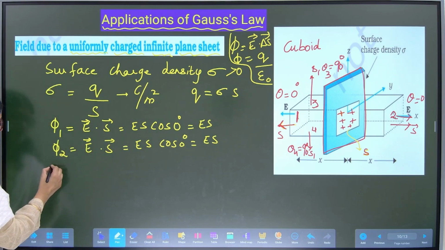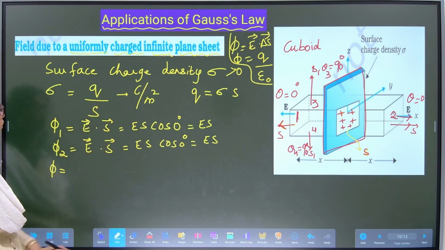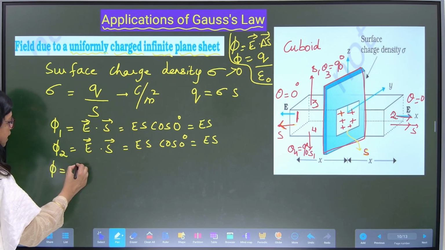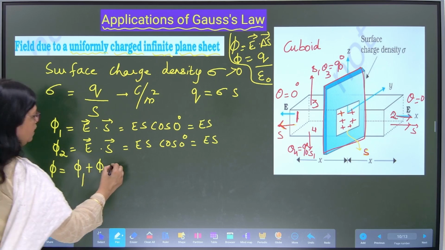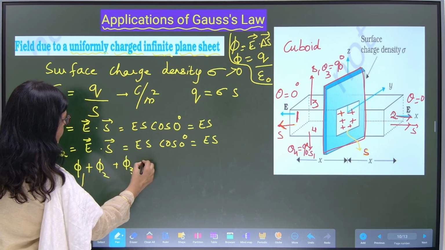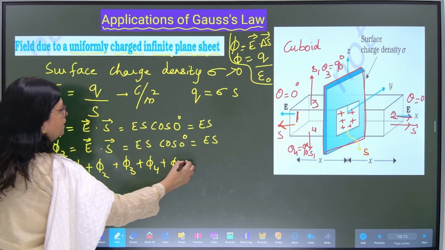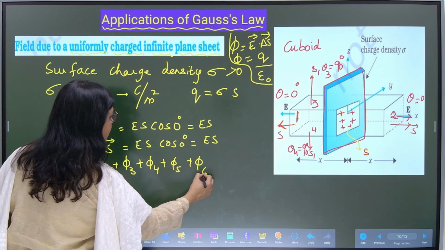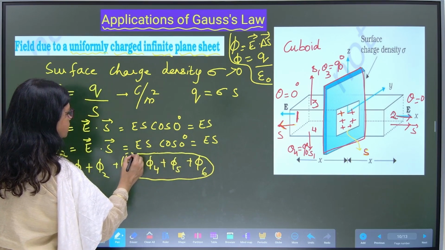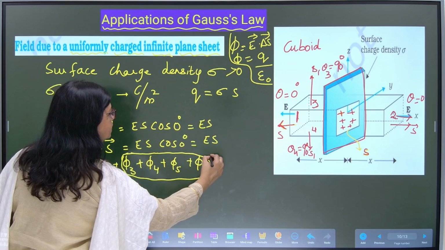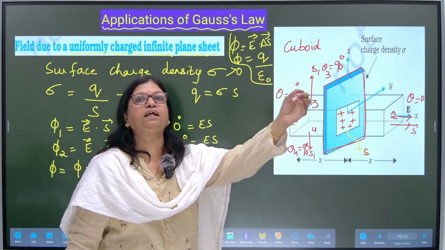So the total flux through all the surfaces of the cuboid is phi 1 plus phi 2 plus phi 3 plus phi 4 plus phi 5 plus phi 6, where we already argued that the fluxes through the other surfaces are equal to 0, because the angle between the electric field and the area element is 90 degrees.